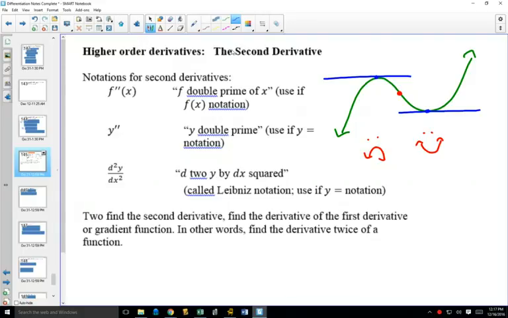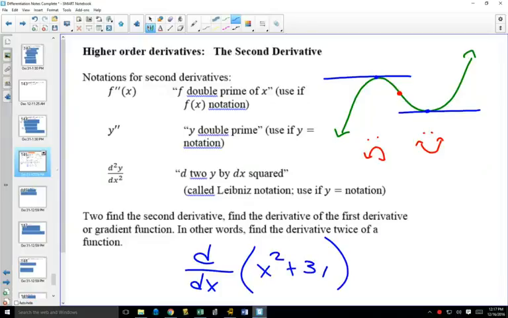Now, part of that might come from this notation when it says take the derivative of something. This basically is your y, and this is dy dx. If you took the derivative a second time, you would have the top twice.